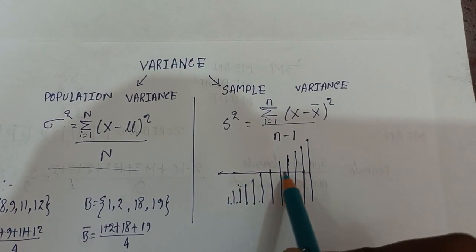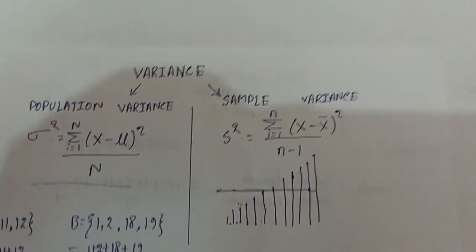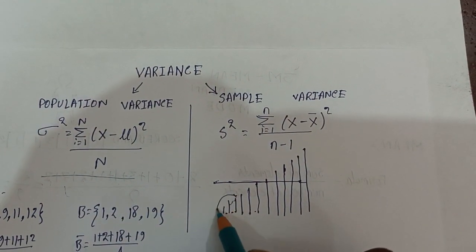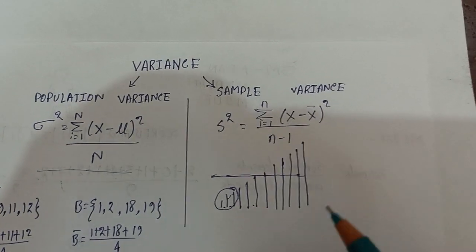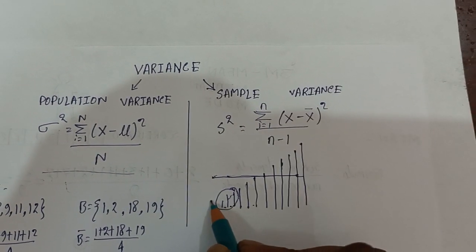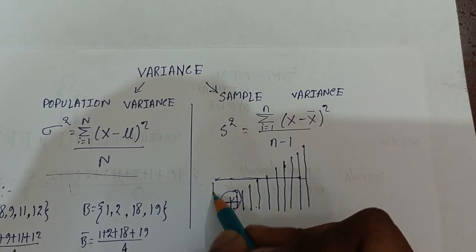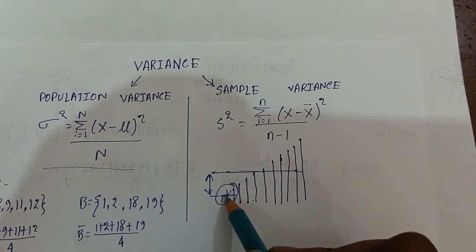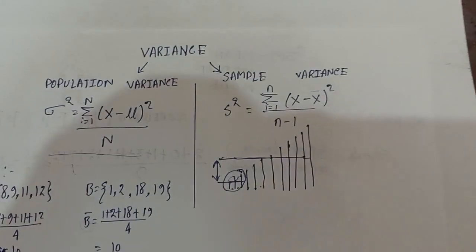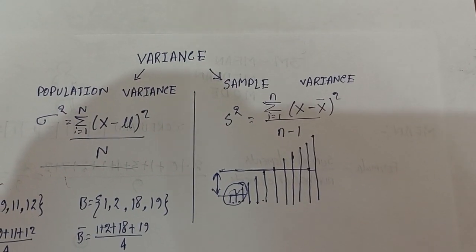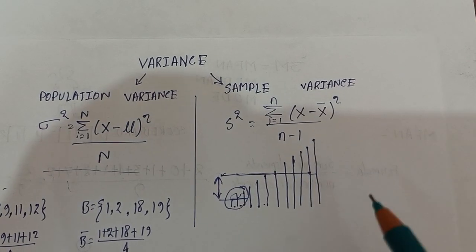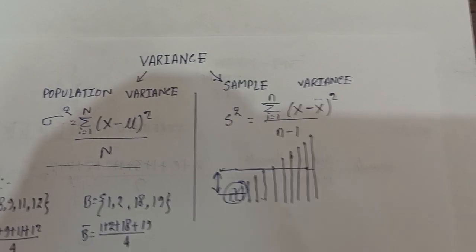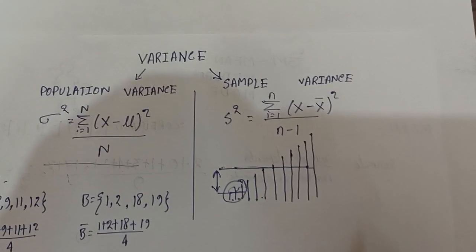It's around this region. Now if I take a sample of these 3 pencils, the mean of these 3 pencils is here, and you can see there is a big gap between the whole data's mean and the sample's mean. So we would conclude the sample is very bad for the data.